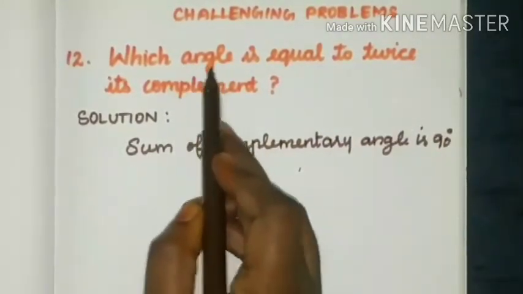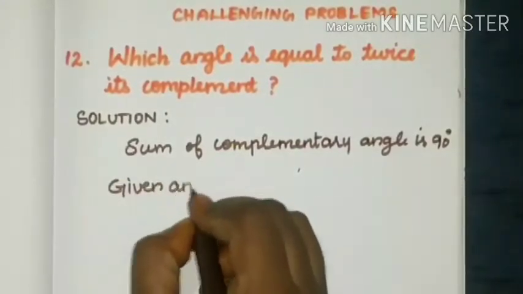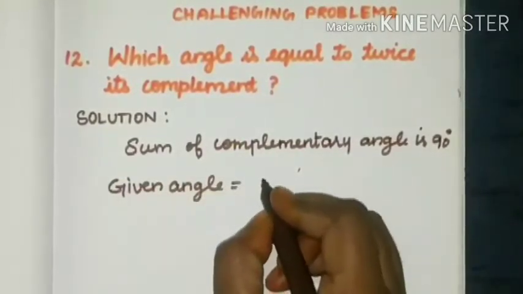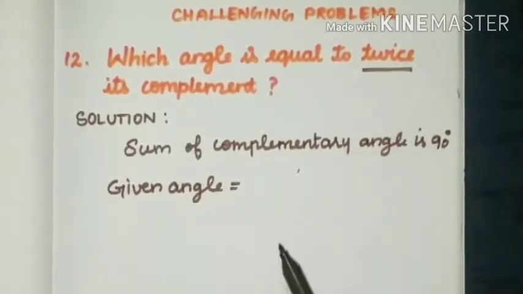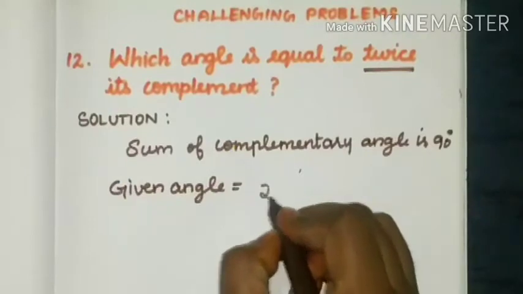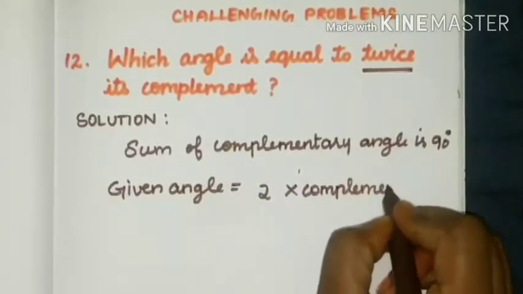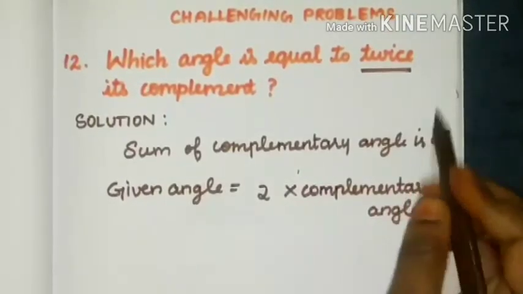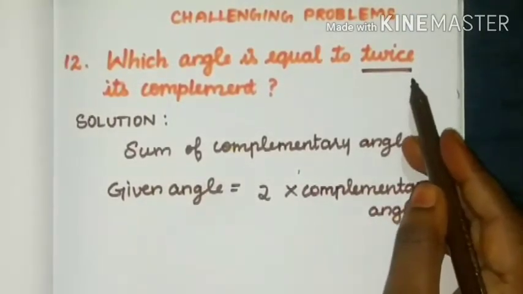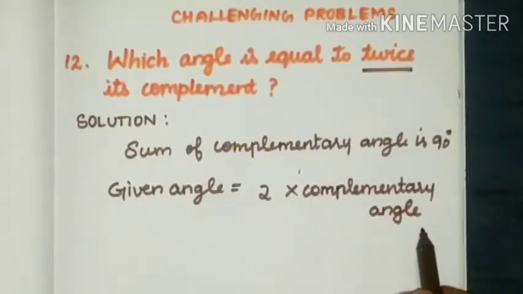We don't know that angle. What is meant by twice? Twice is nothing but 2 times. 2 times means 2 into the complementary angle.